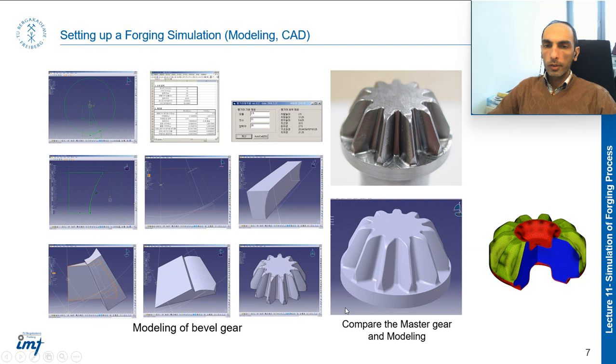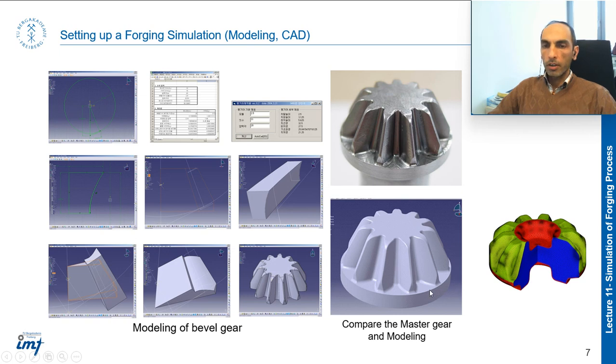So first we design the shape of the master gear, and then according to that shape we can design the die by the methods you have in any CAD software. You can make it negative and obtain the upper die and lower die.